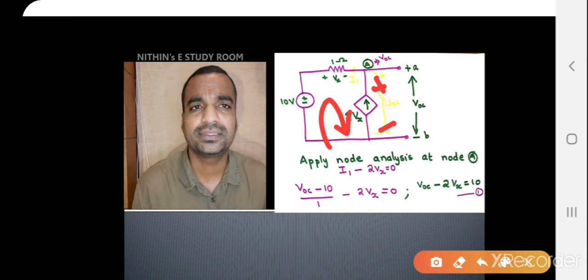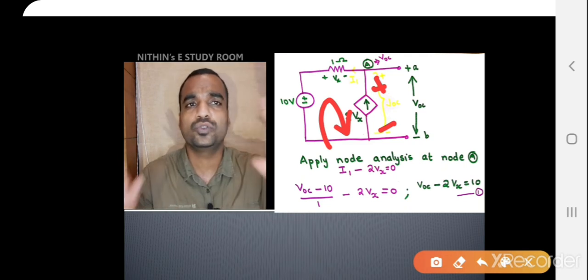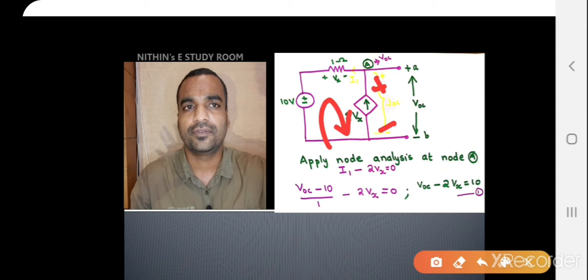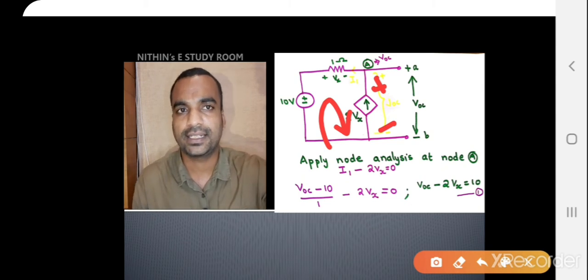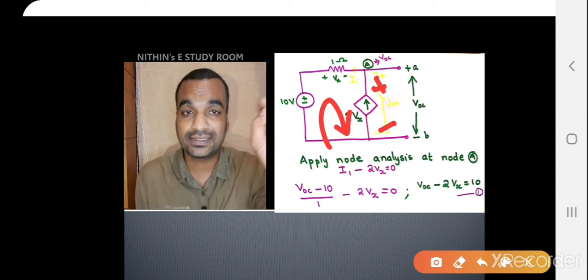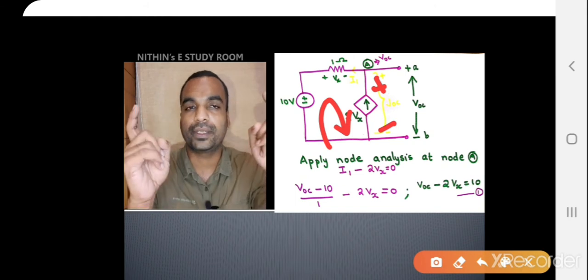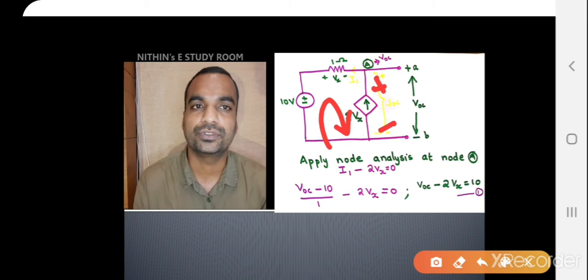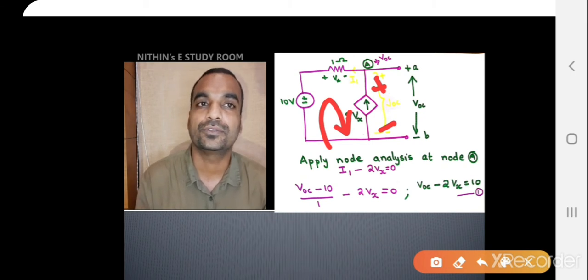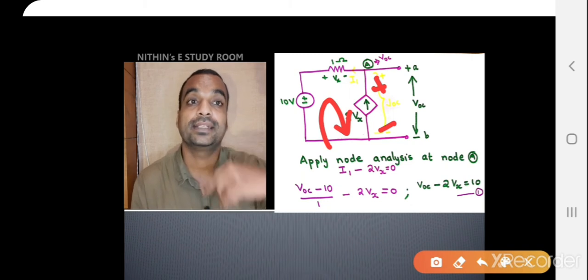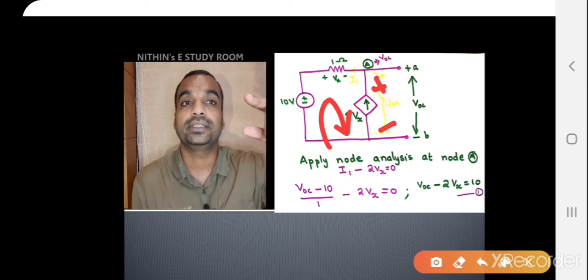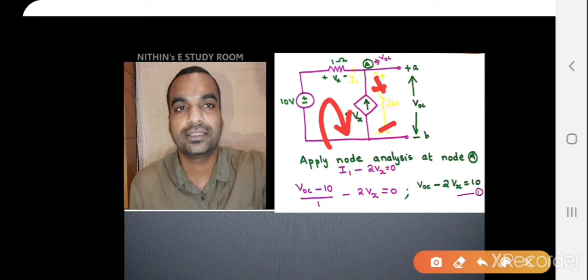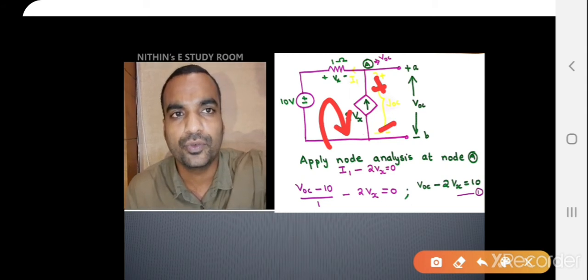I am simply saying if there are two voltage sources, one is VOC, that is the node voltage, and the other one is 10 volt, and the plus and plus are coming on the nearby side, you have to take it as VOC minus 10. Otherwise you have to take VOC plus 10. If it is minus on the top side and you are seeing plus minus plus, that is, if you are tracing the arrow mark, you will give minus plus here.